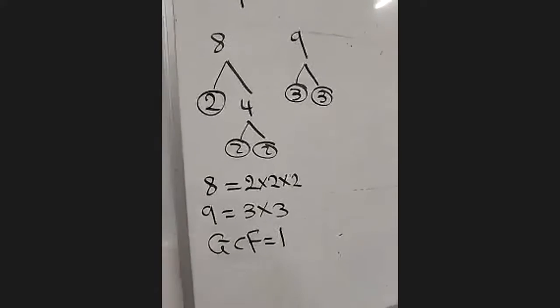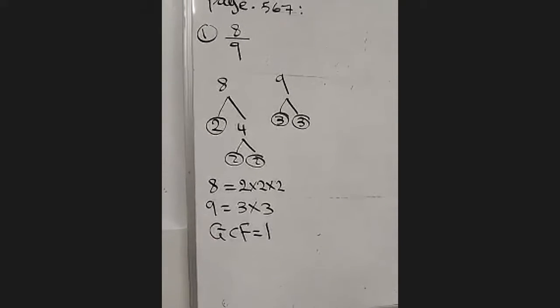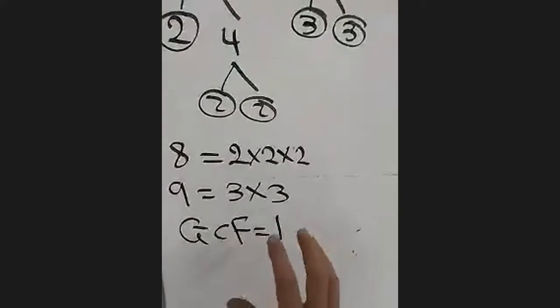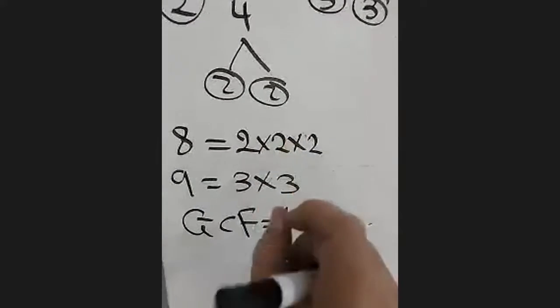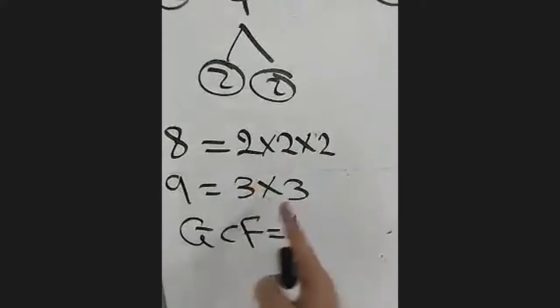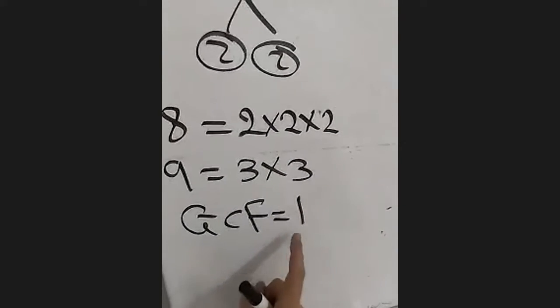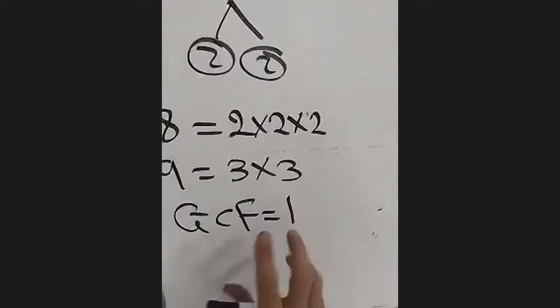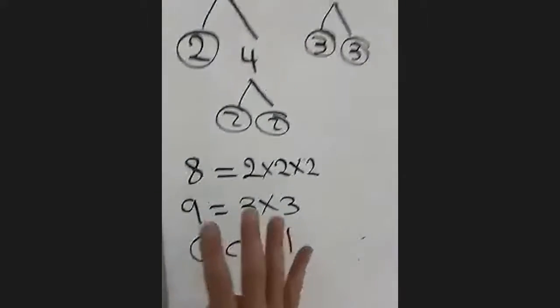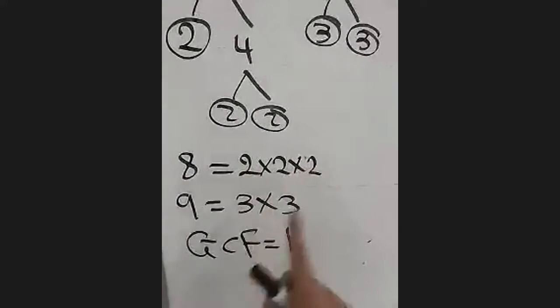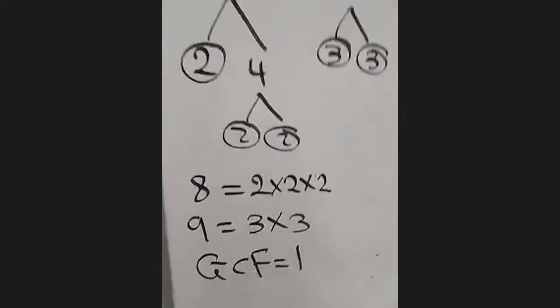Yesterday we said that, right? If there is no common factor, guys, focus, it means the GCF equals 1 only, okay? This is an easy idea, but don't forget it. If there is no common factor, the GCF is 1.